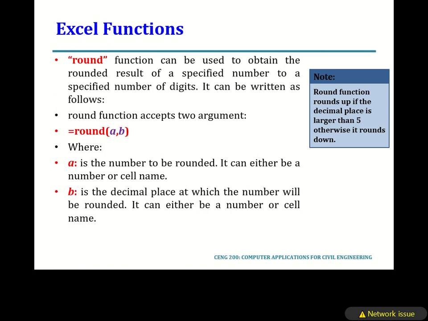The number is 7. Will it round off 2? Yes, so this will become 3. Will it round off 4? No, because this number is 3, so this will remain 4. So if this is 4, will it round off 1? No, 1 will remain 1 because this number is 4. Got it? Clear?